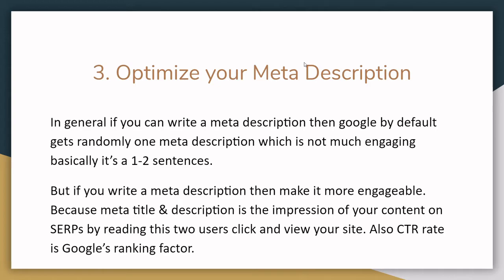And also, if your meta description and meta titles are engaging, then your CTR will increase, and your content's chances of getting higher rankings are higher if your CTR is higher.